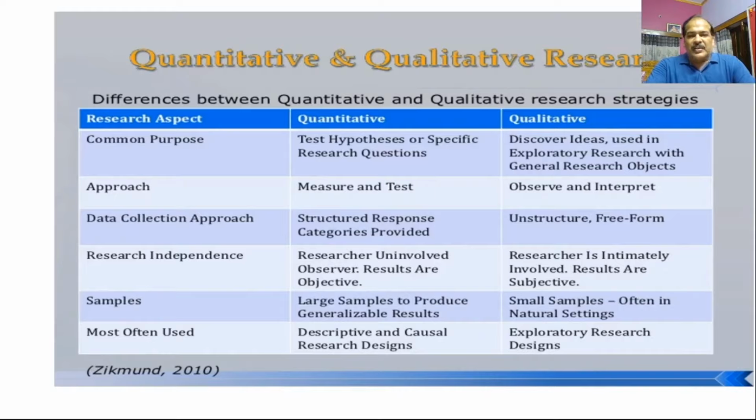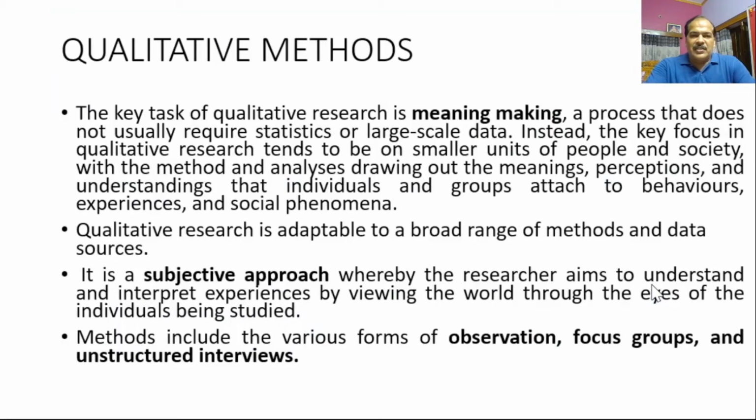For studies where we are interested in case study type of methods, qualitative research designs are very important. Another difference can be made from what type of research design we are using. In quantitative research, the focus is on descriptive and causal research design, while in qualitative research, the focus is on exploratory research design.